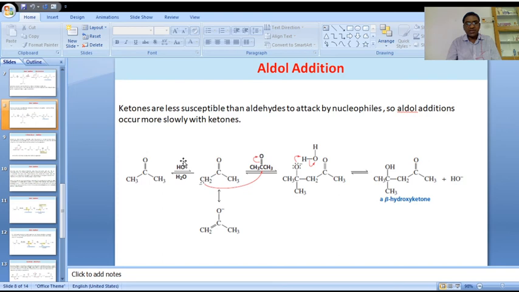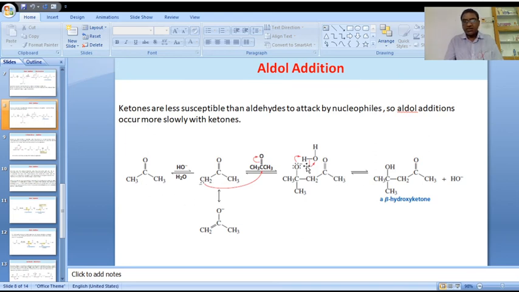This OH minus ion is involved in the formation of the enolate ion by abstracting hydrogen from the alpha carbon. That OH minus ion, used in the initiation step of the reaction, is released again at the end of the reaction.